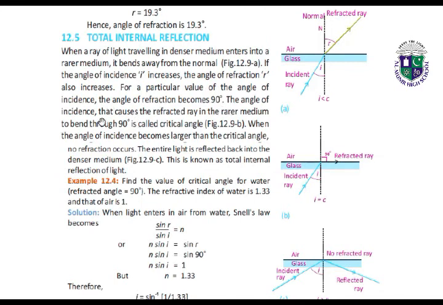The angle of incidence that causes the refracted ray in the rarer medium to bend through 90 degrees is called the critical angle.